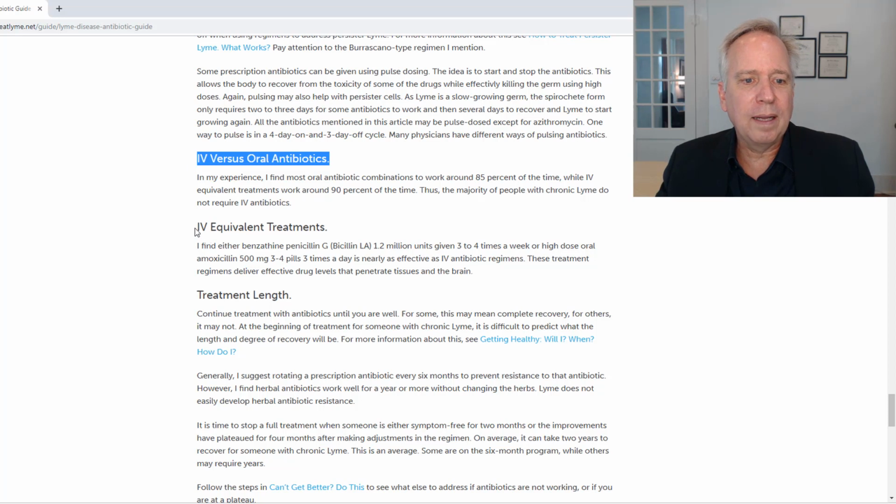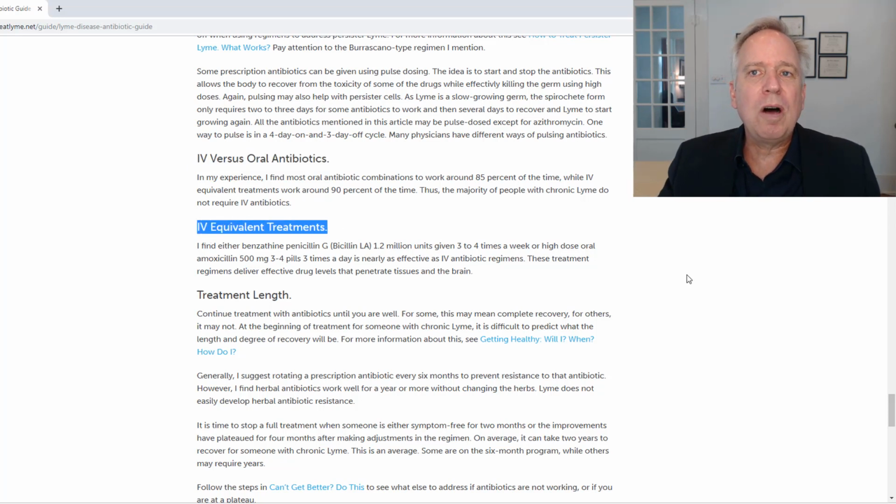Then finally, another thing that I would point out is there is what I would call IV equivalent treatments, things that work in a similar fashion to IV. One of those is to do butt muscle injections of bicillin instead of doing IV antibiotics. The other is to use extremely high doses of amoxicillin.